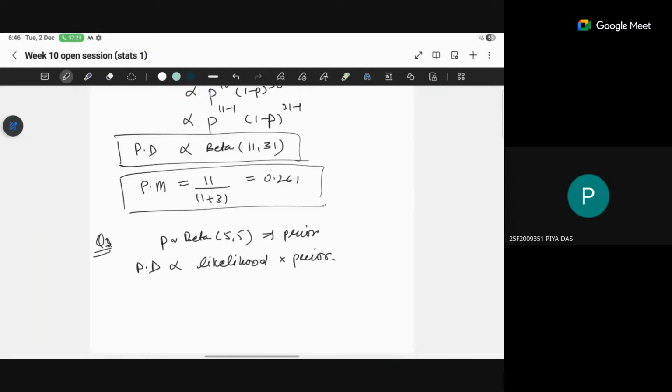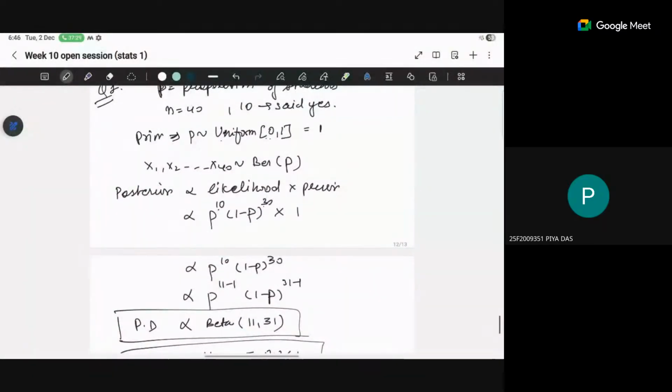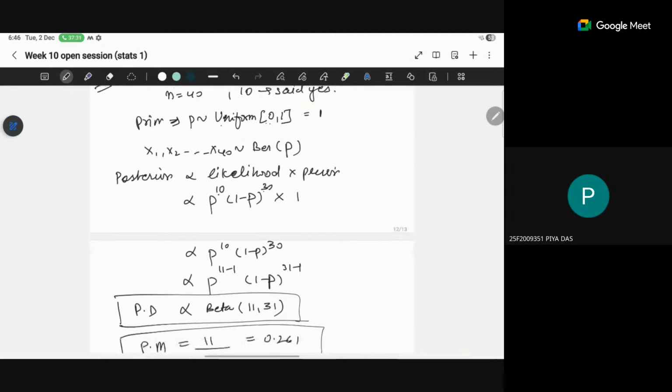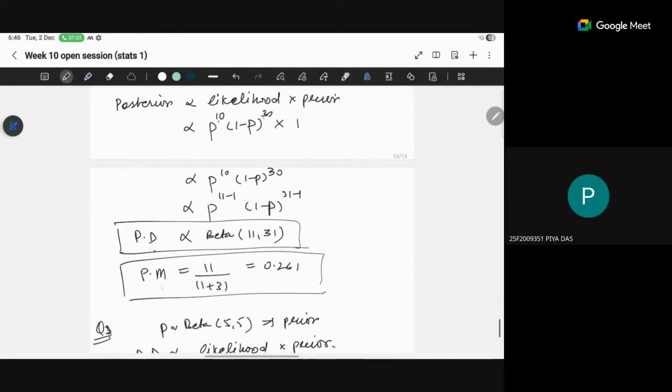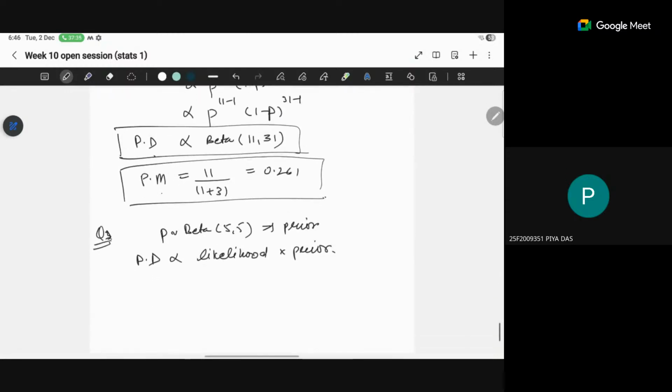See, in the previous question, we had been given that the prior is uniform. Then you had to find out the posterior distribution and the posterior mean, correct? Now I'm saying that when my prior is beta, can you guys tell me what is my posterior distribution? That is my question. They have asked for the posterior mean, but from you, I need to know what your posterior distribution is.